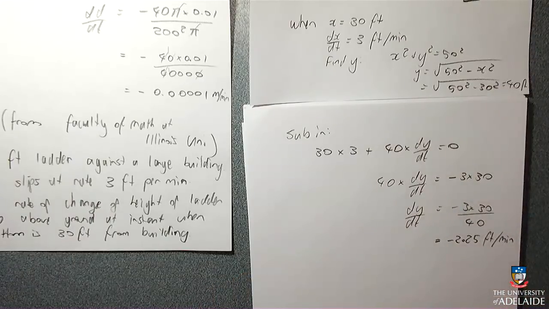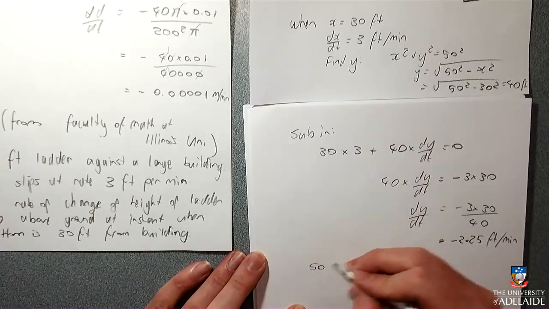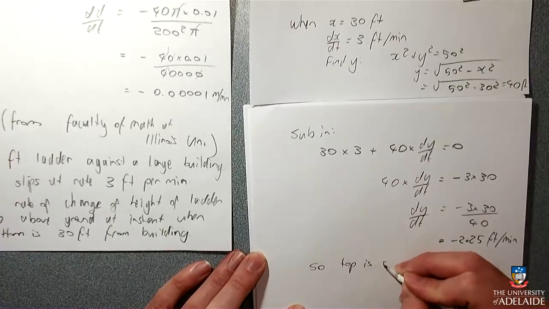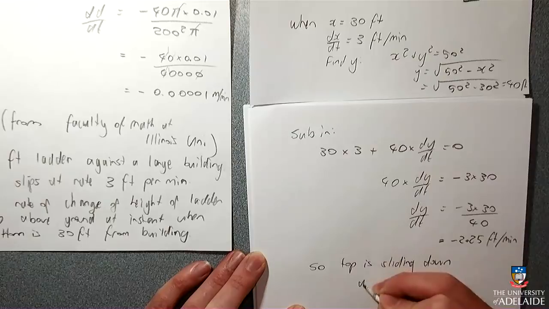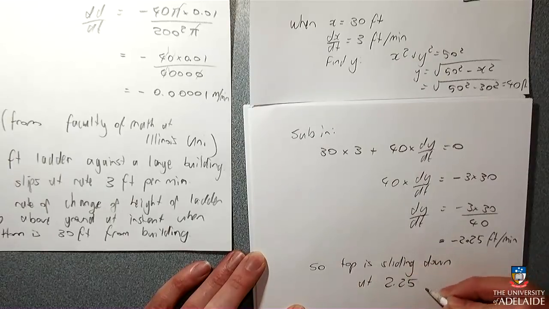And it should be negative, because if the top is going out, the bottom's going out, the top should be going down, so we're doing well. At 2.25 feet per minute.